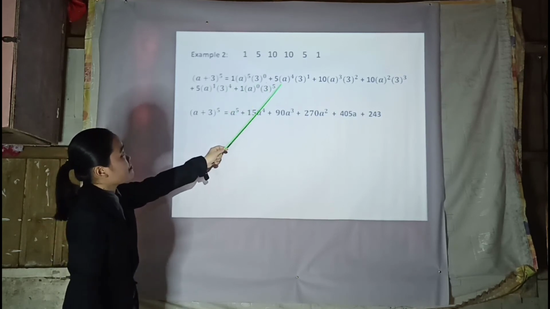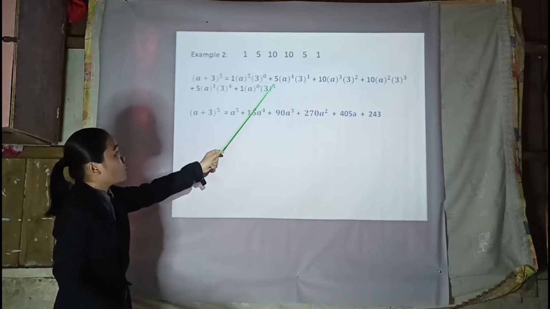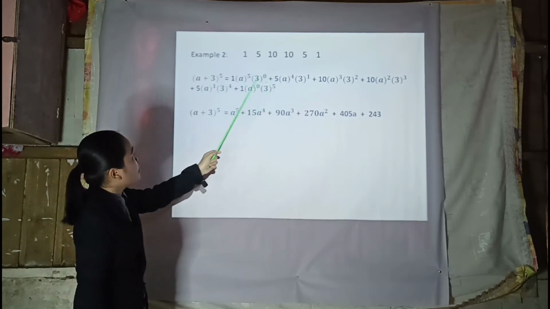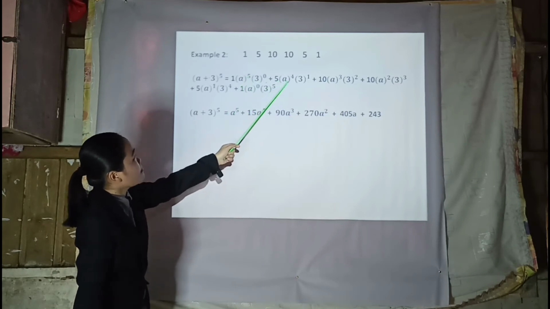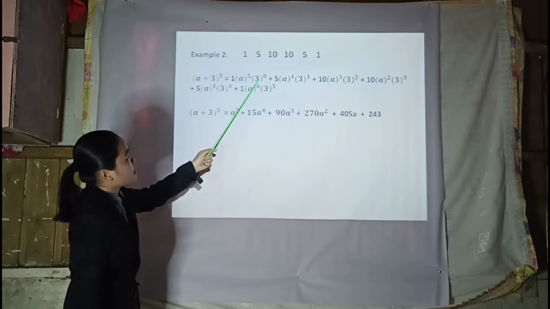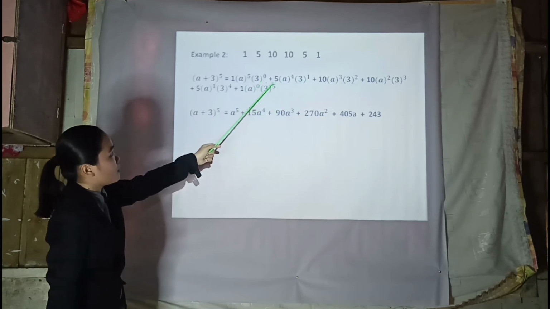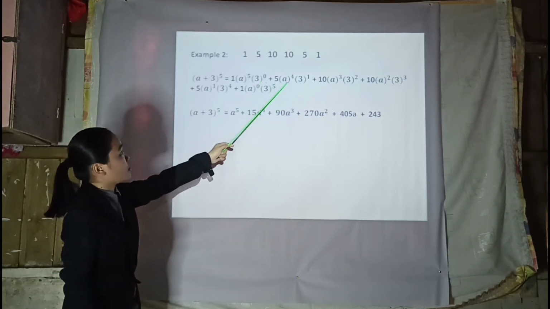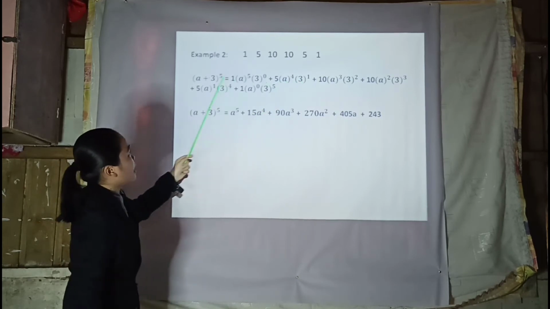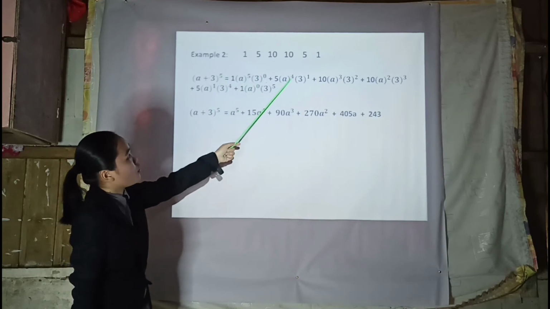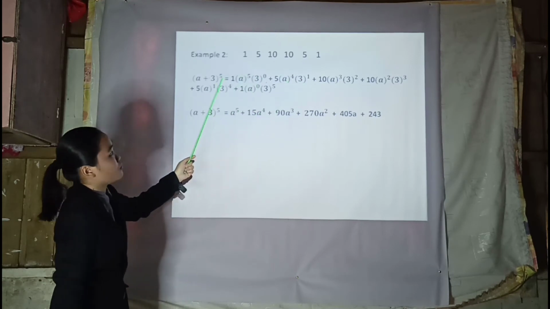In the next term, the exponent of a will decrease and the exponent of b will increase. So from 5 in the next term, it becomes 4. From 0 for the b, it becomes 1. And the sum of the exponents in each term is also the n. So 5 plus 0 is equals to 5. 4 plus 1 is equals also to 5.